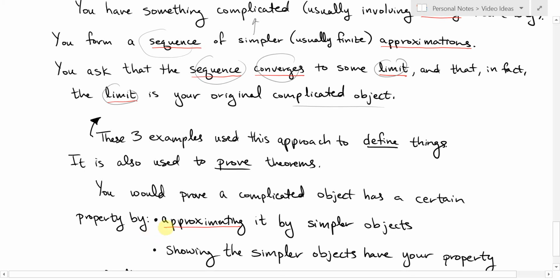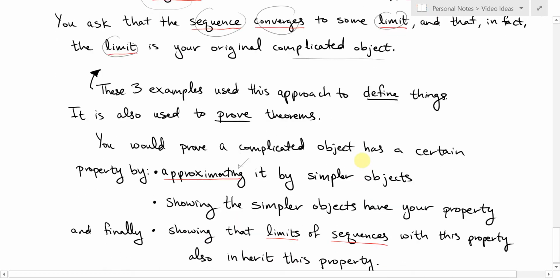You want to prove that it has that property by first approximating it, there's that word again, by simpler objects. Then showing that each of the simpler objects has the property that you're interested in, which should presumably be easier because they're simpler. And then finally showing that anytime you have a sequence of things with that property, and it converges to some limit, then the limit also has that property.